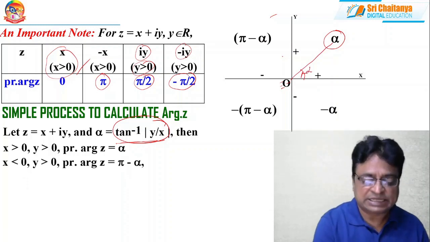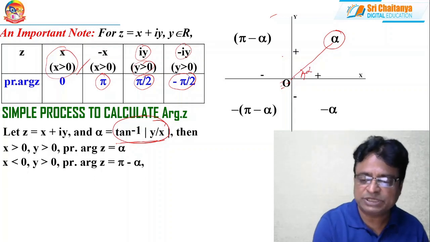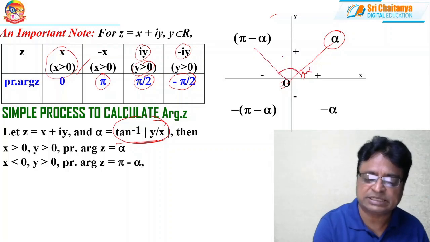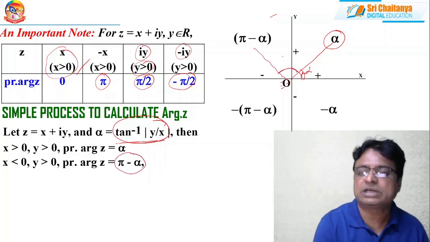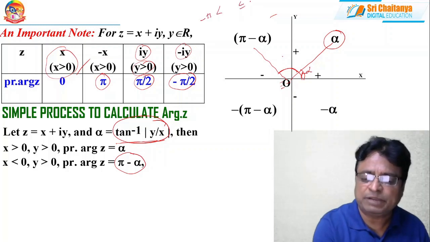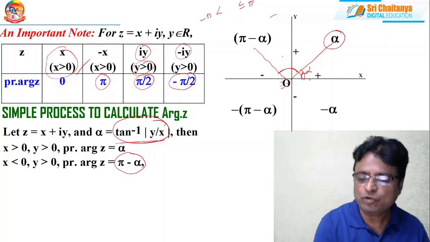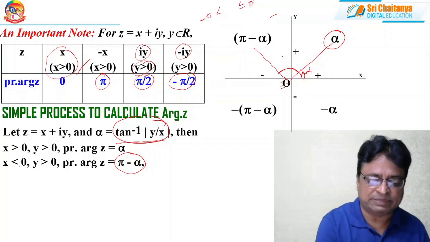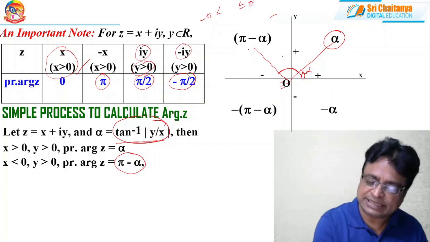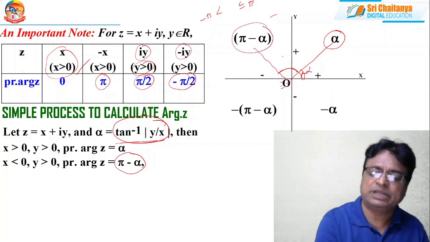And if x is negative and y is positive, that means the number is in the second quadrant, then the principal argument is pi minus alpha, because the principal argument always lies between what? Minus pi to pi only. That's why. So if x less than 0, y greater than 0, the complex number is in the second quadrant, and the principal argument is pi minus alpha.